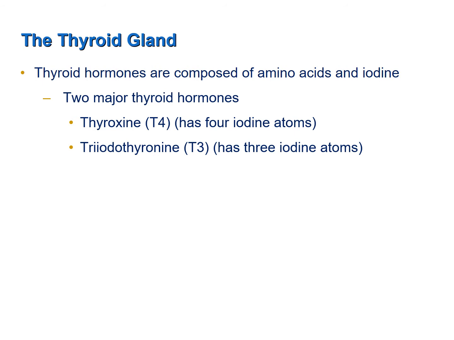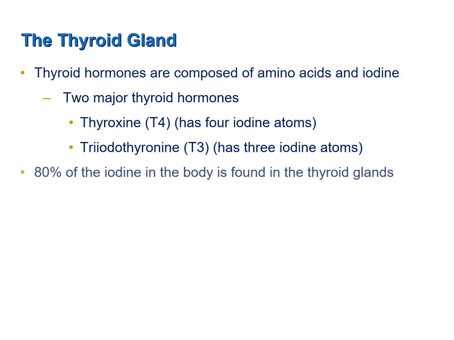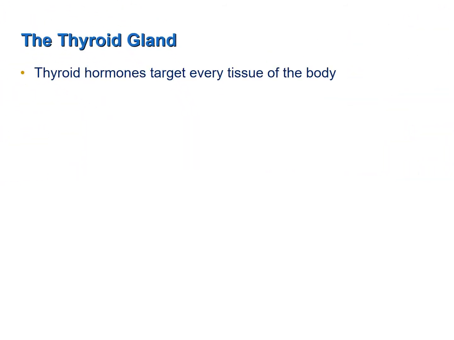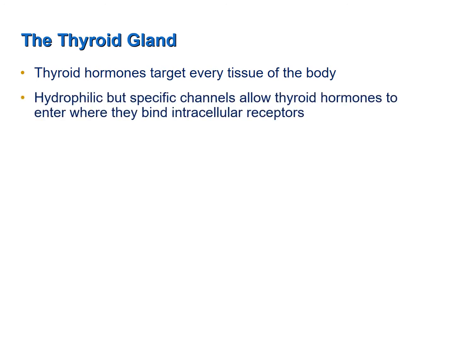One of the reasons why iodine is a required nutrient is because it is one of the building blocks of the thyroid hormones. In fact, 80% of the iodine in the body is found in the thyroid gland. Thyroid hormones target every tissue and every cell of the body.